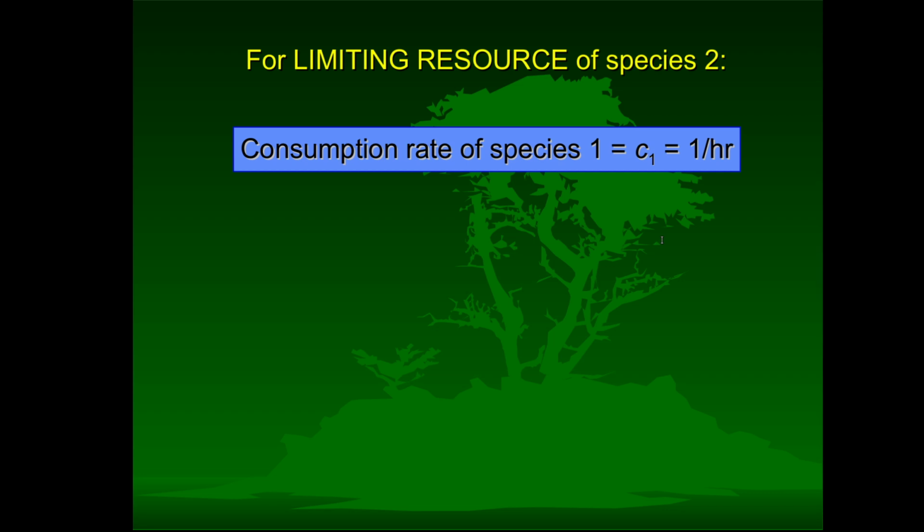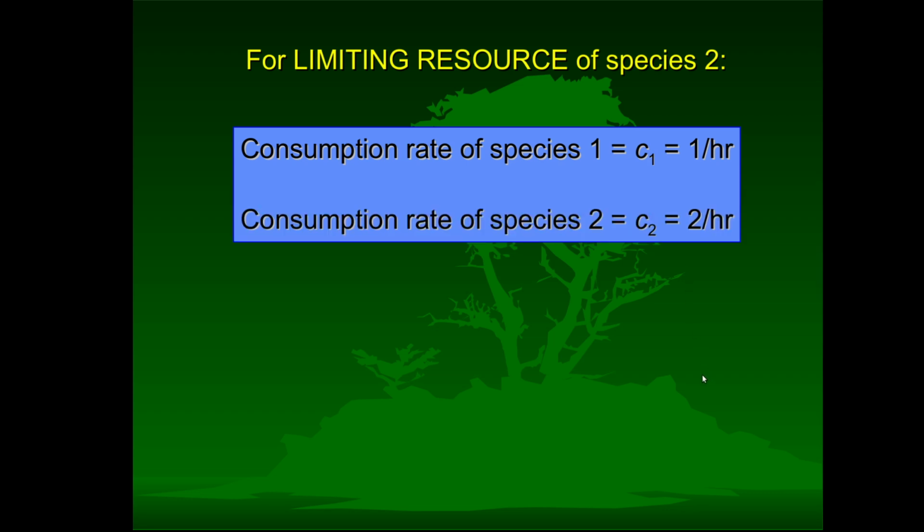Okay, so the consumption rate of species 1 on species 2's limiting resource is 1 per hour. That's the consumption rate of species 1. It's always on the other species' limiting resource. The consumption rate of species 2 on species 2's limiting resource is 2 per hour. The ratio of these two consumption rates is the competition coefficient of species 1 on species 2.